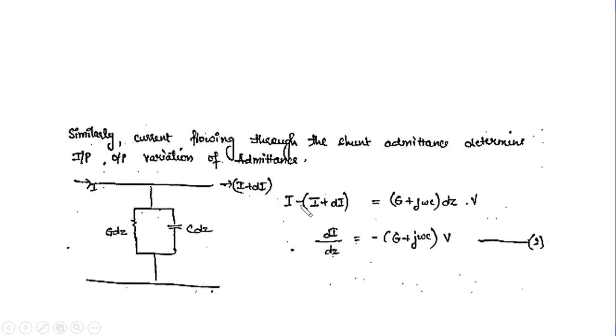So I minus (I plus dI) equals (G plus jωC), that is the capacitive susceptance, into dZ into V. Again I minus I gets cancelled, and dI by dZ equals minus (G plus jωC) into V. So that is your equation number 2. The first is your series impedance given by equation number 1, and the other is your shunt admittance given by equation number 2.